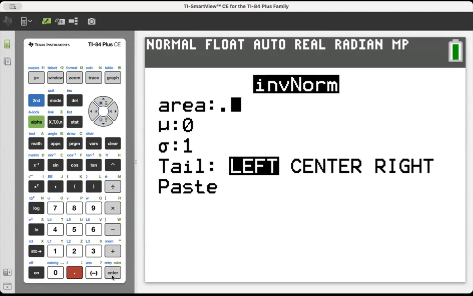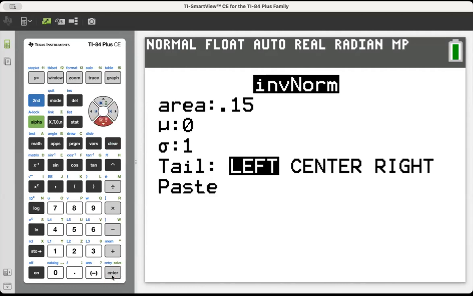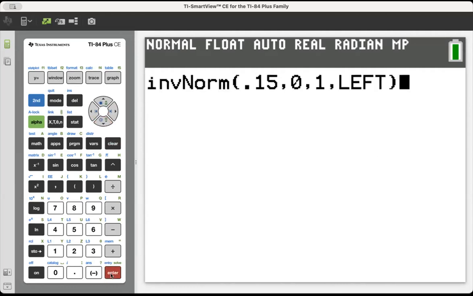Area, we're going to put 0.15 for 15%, 0 and 1, and shade on the left. If we want to change this, by the way, we just use the arrow to the right or left and hit enter, and it would set that other direction. So we want to make sure ours is left, and then paste, and then enter.